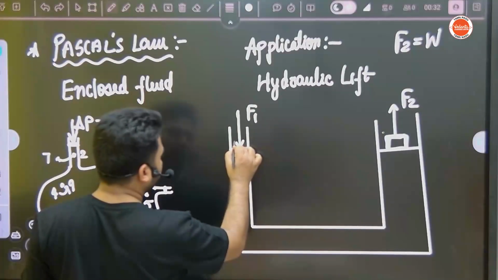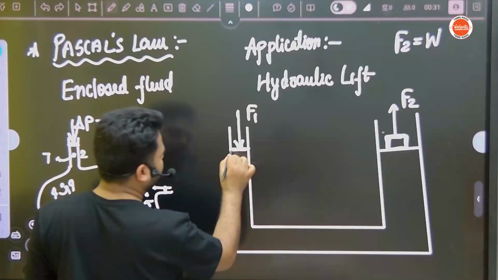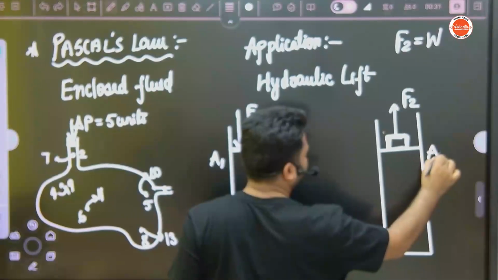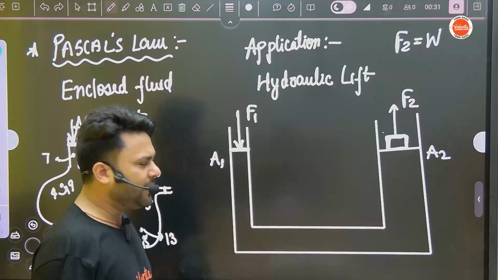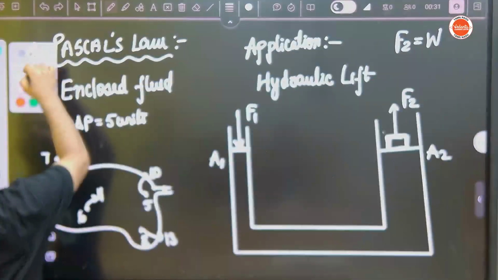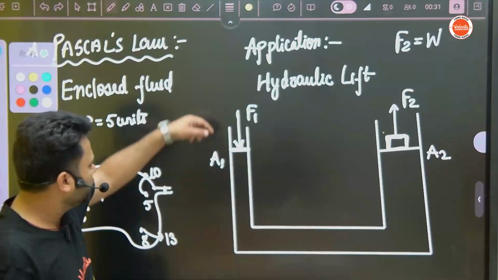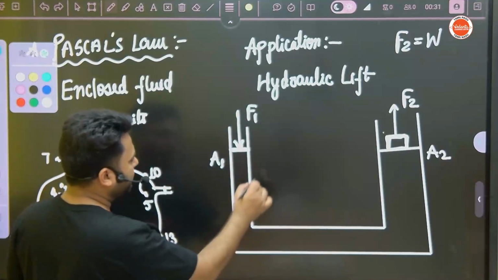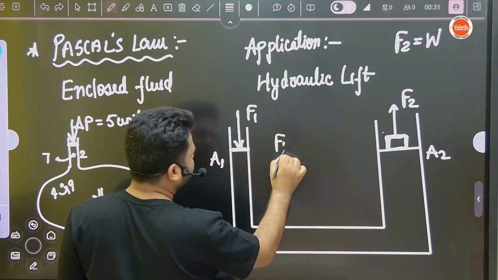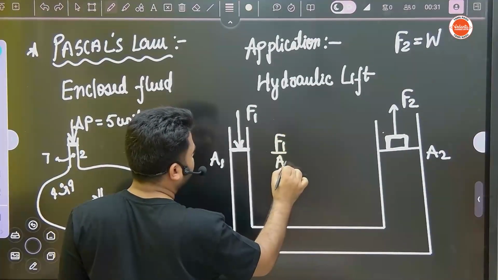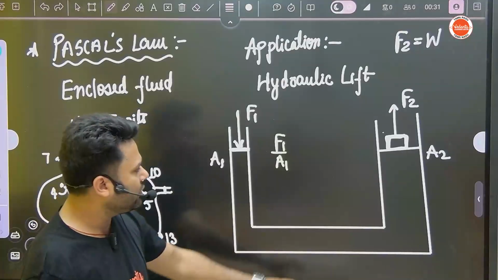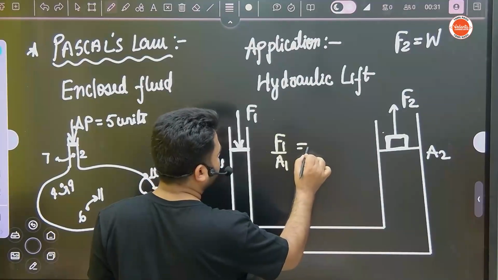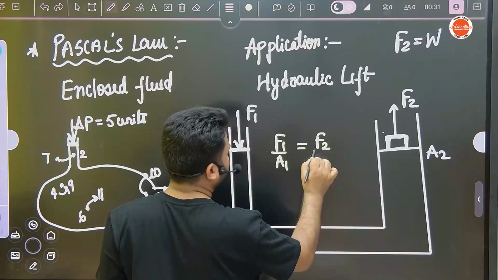I will show you. Suppose I apply force F1. This area's cross section is A1 and this area's cross section is A2. According to Pascal's law, you are applying extra pressure. How much? Pressure is force divided by area, F1 by A1. You are giving extra pressure F1 by A1 here, so here also extra pressure will be created. How much? Pressure is force divided by area, and this pressure should be the same.